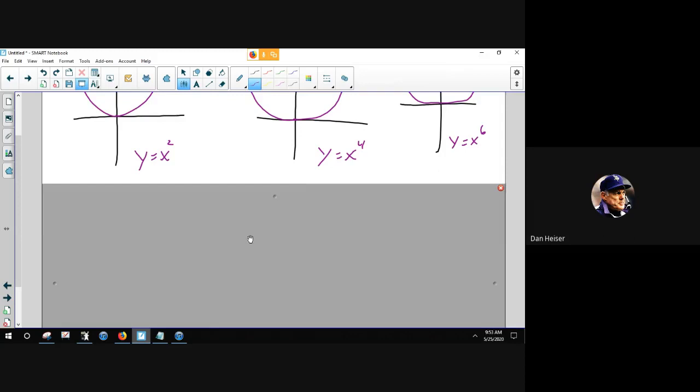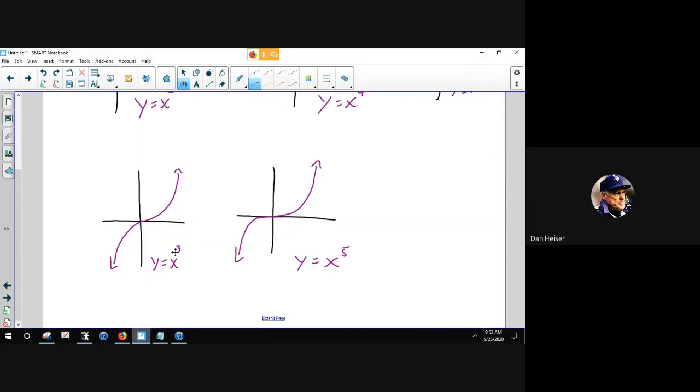With odd powers, we've seen y equals x cubed, looks sort of like this. Looks like a half parabola going up, half parabola going down. The same kind of thing. Between -1 and +1, we get what looks like a flat area, even though it's not flat, it's just a very, very small changing curve.